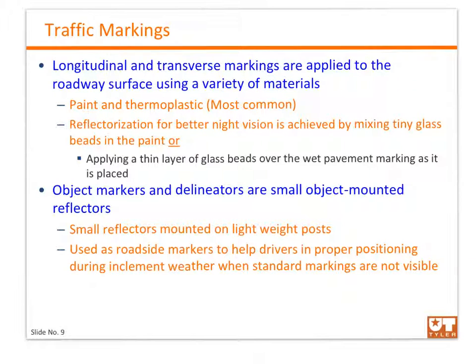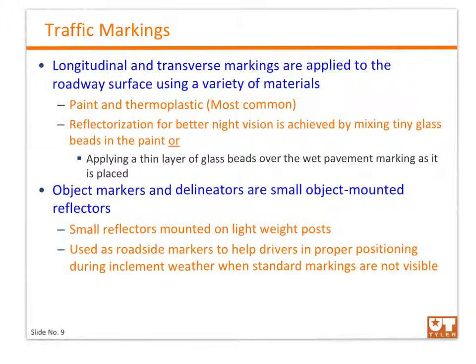Or the more updated way of using traffic marking materials is by using reflectorization. Reflectorization, for a better night vision, is achieved by mixing tiny glass beads in the paint. So basically it's a mix between paint and glass beads, or we can actually apply a thin layer of glass beads over the wet pavement marking as it is placed.